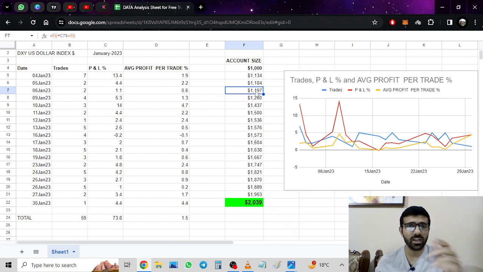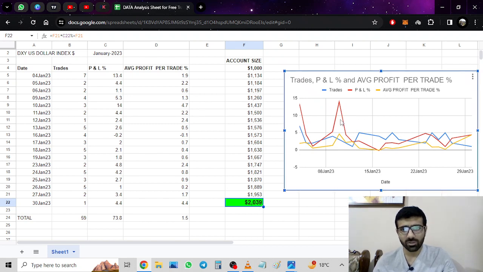So we kept on adding to our equity every day, and we kept on making good profits. So overall, when we closed our month on the 30th January, we were standing at $2,039 overall profit. The strategy is right in front of you guys. All you guys need to do is work on it and analyze it yourself. Very simple strategy to make good and amazing profits.